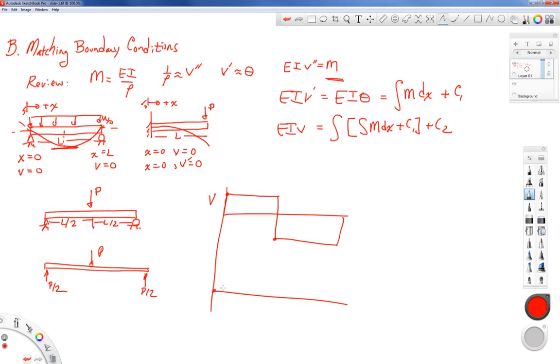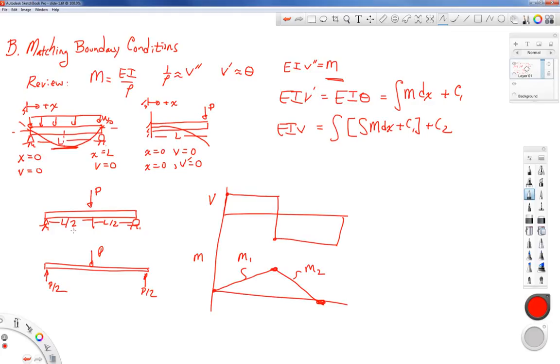And my bending moment diagram would have a straight line that slopes up to that point, and then a different straight line that slopes down back to 0. And so the point of this is that I cannot have one equation that describes both of these line segments. There are two different lines, two different equations, M1 and M2.